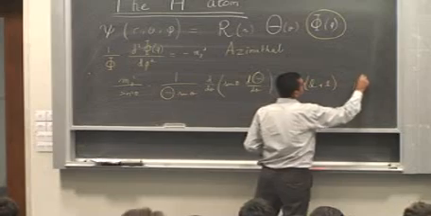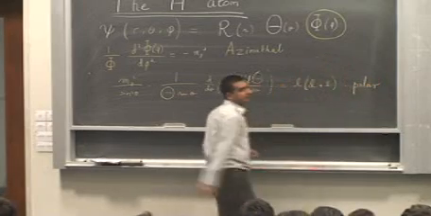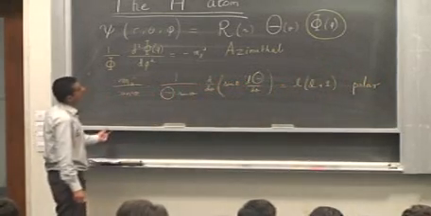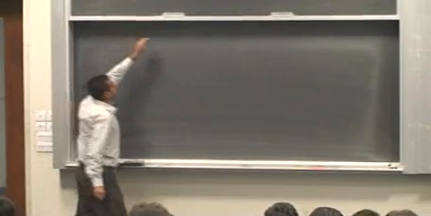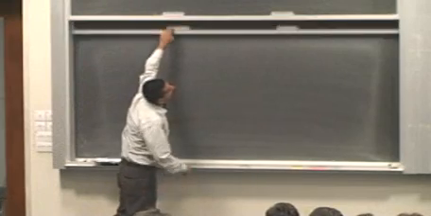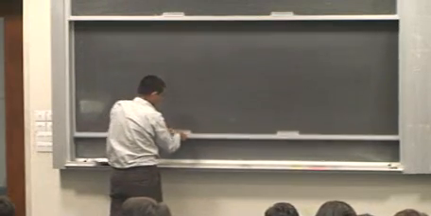This is our polar equation. And our third equation is the radial equation, which depends only on the radius r.